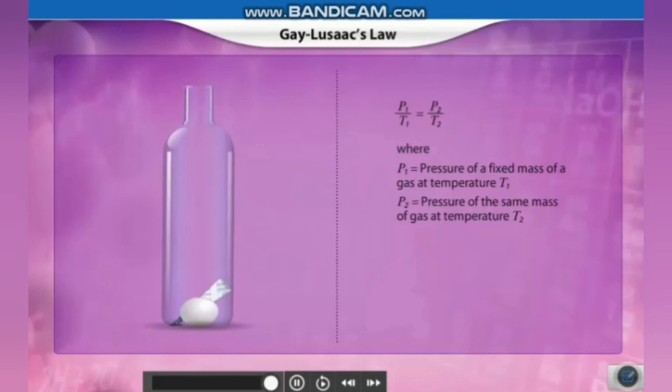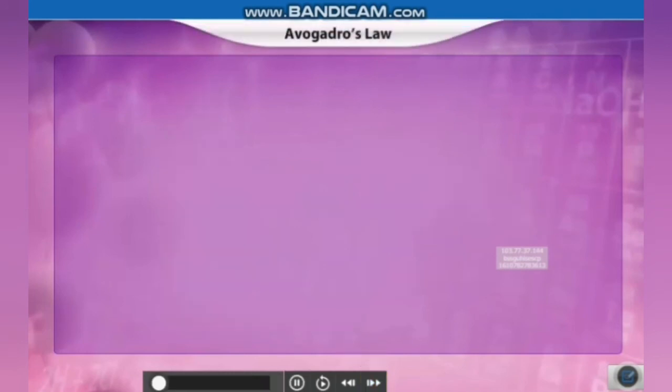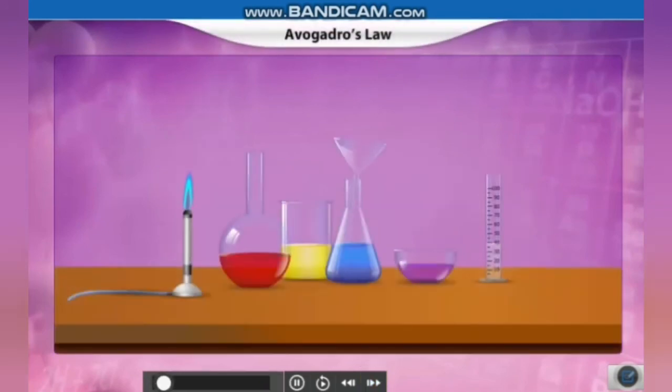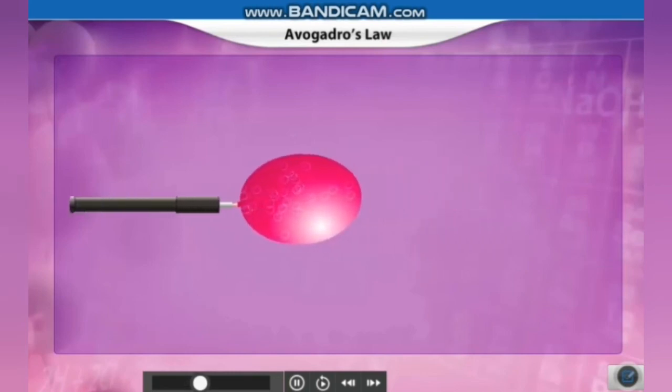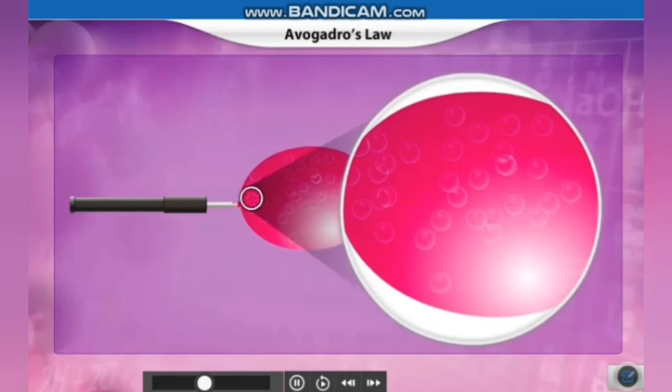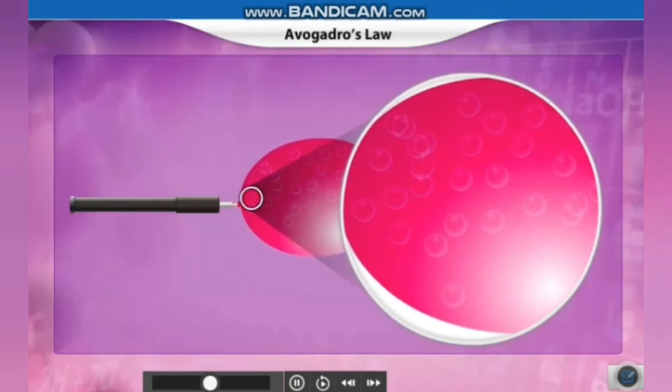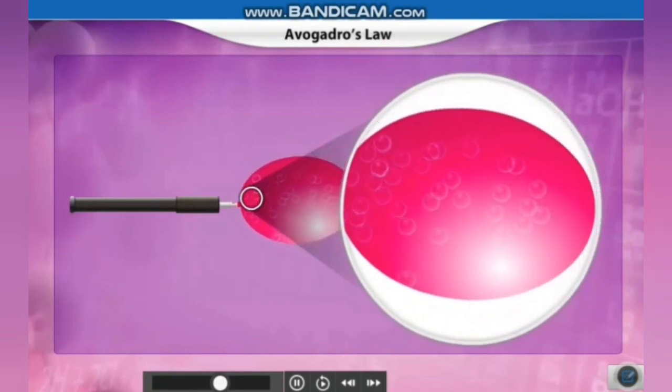Let us now move into the last law, which is Avogadro's law, which shows volume is directly proportional to the number of molecules. Consider a balloon which is being inflated. When air passes inside, you can see the size of the balloon increases. That shows that the number of molecules entering the balloon increases. So as the number of molecules increases, the size becomes more and it occupies the entire balloon.